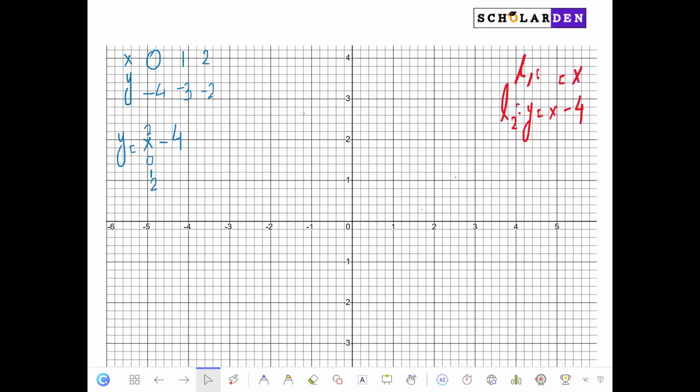An important thing over here, I'm not going to go into the details of that, but only one line can pass through 2 points. If you want to draw a line through 2 points, there's going to be only one line that can pass through them. As we saw earlier, through a single coordinate we could draw an infinite number of lines.